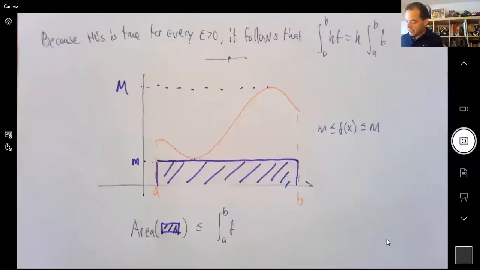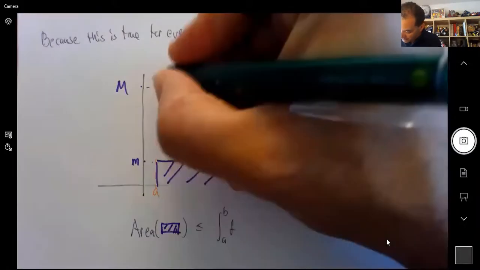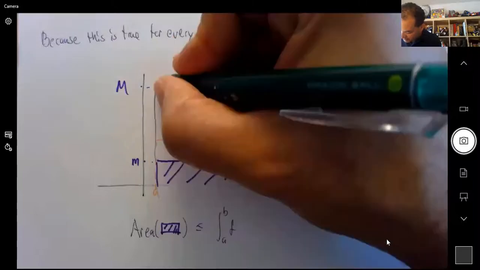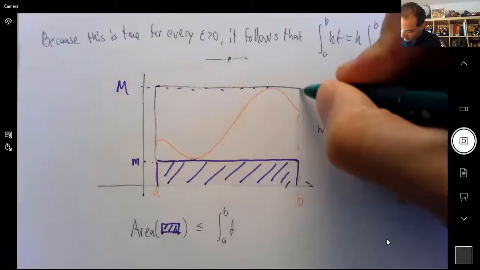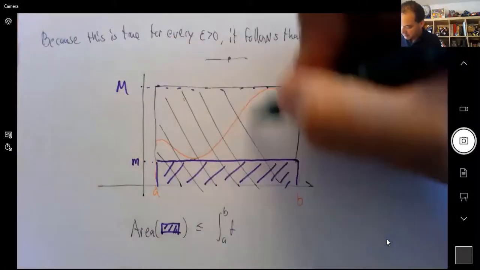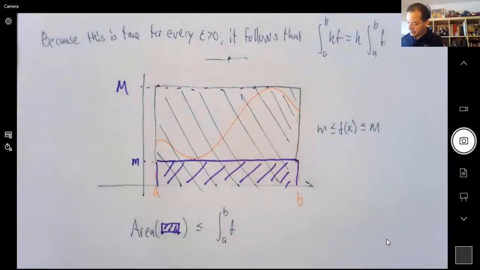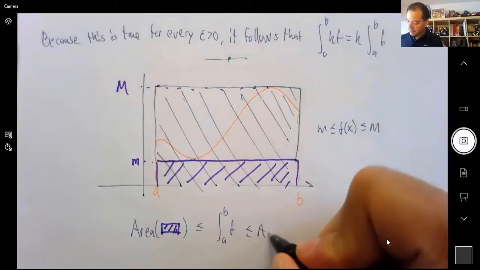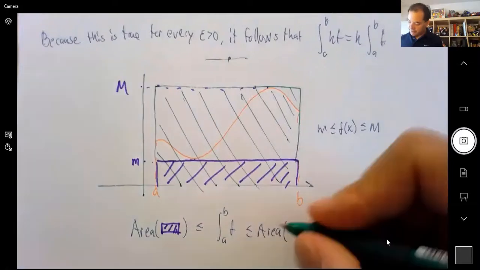Clearly. And the area under the curve is for sure smaller than the big green rectangle. So this one is in turn less than or equal to the area of the green rectangle.